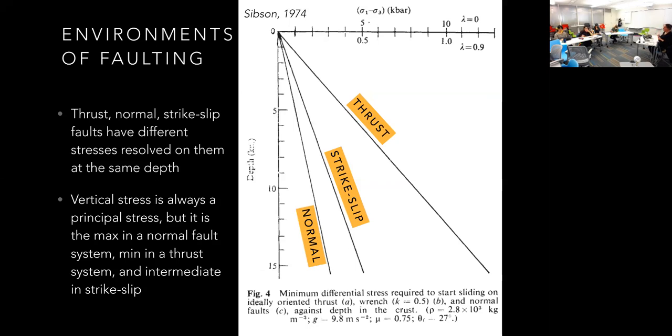So that same value of vertical stress, which would be the same at the same depth, will actually be your minimum stress. So the stresses are higher in a thrust system for the same depth than they are in a normal fault system. And for a strike-slip fault, the vertical principal stress is the intermediate principal stress. So the overall values of the stress driven by the depth for the tectonic load is intermediate for a strike-slip system.